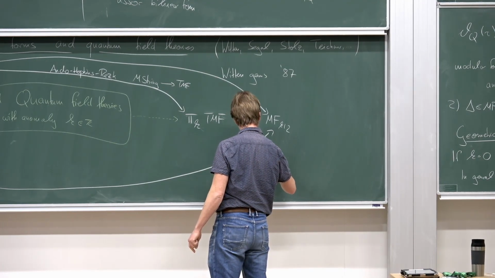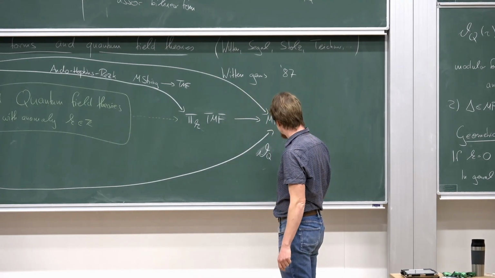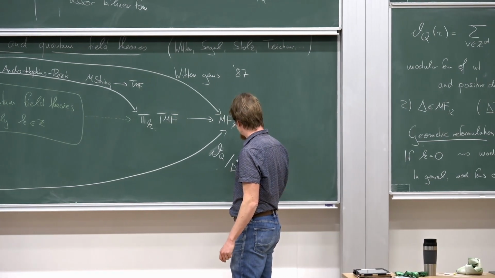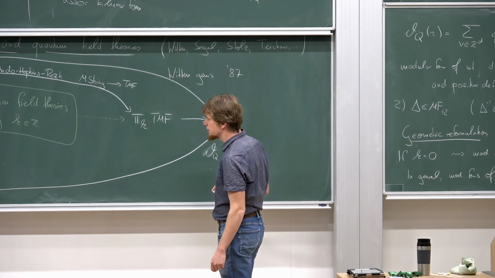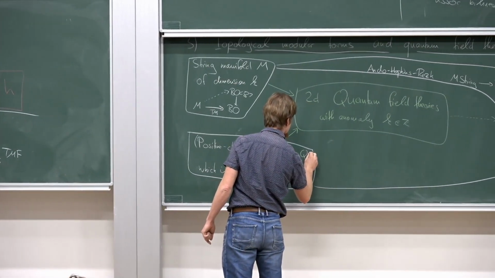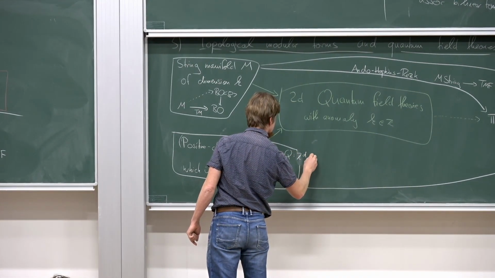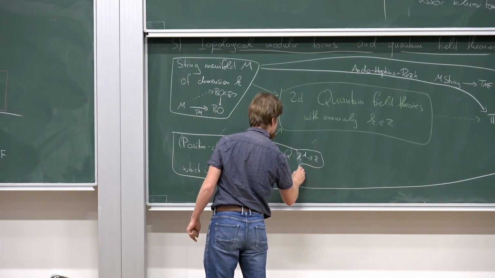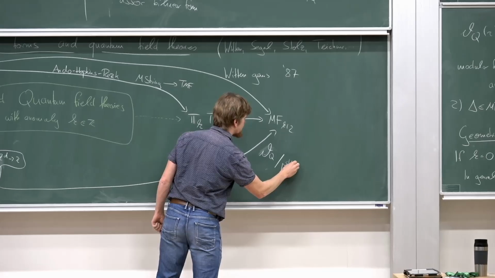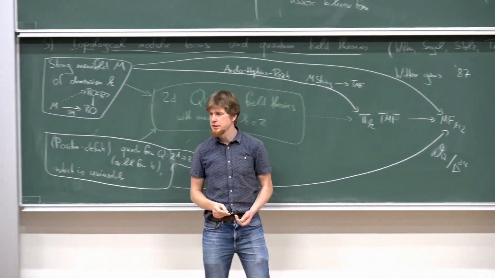Only that, depending maybe whom you ask, one should normalize it slightly differently. One should divide, from z to the d to z, by a certain power of delta, which is not so bad because delta is invertible.